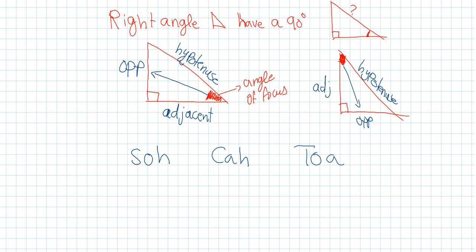S stands for what? Sine. So sine of an angle, I'm going to call the angle theta, right? Because we call angles with a Greek letter. It could be sine A, it could be sine B, it could be sine whatever you want to call it, okay?